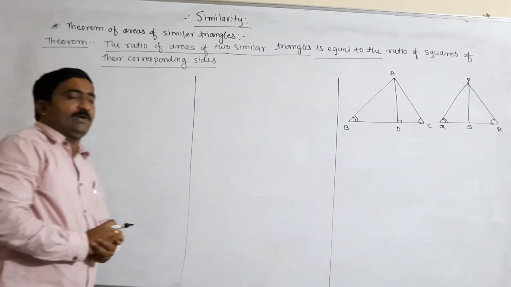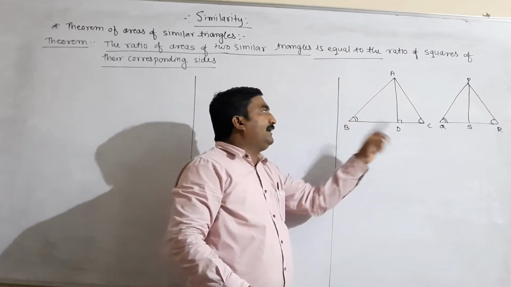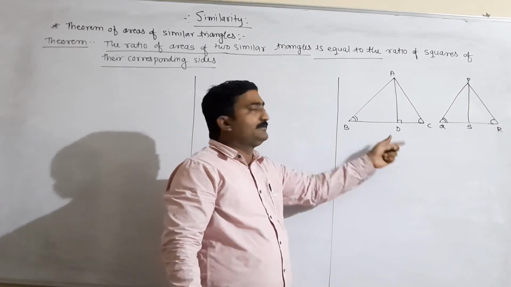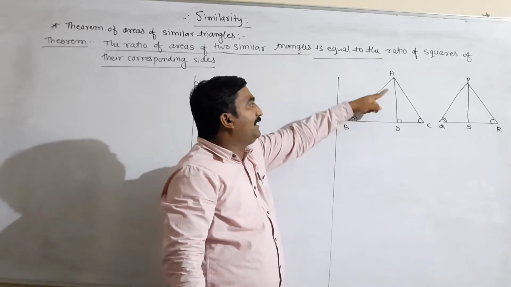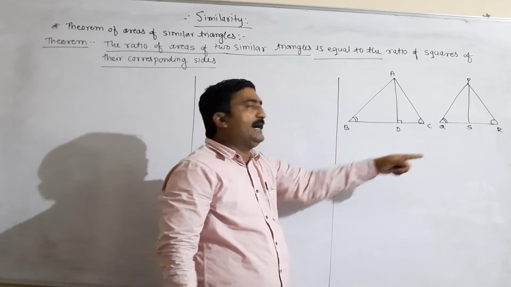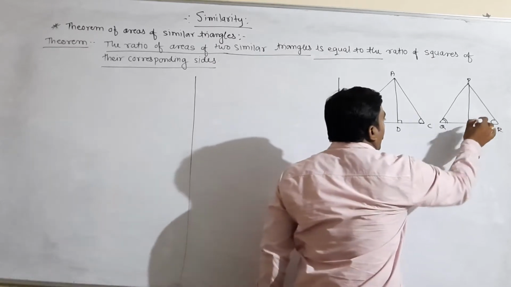So in this figure, triangle ABC and triangle PQR are two similar triangles. In triangle ABC, AD is perpendicular to BC, and in triangle PQR, PS is perpendicular to QR.